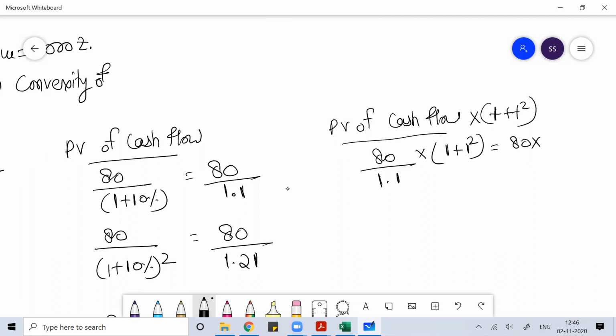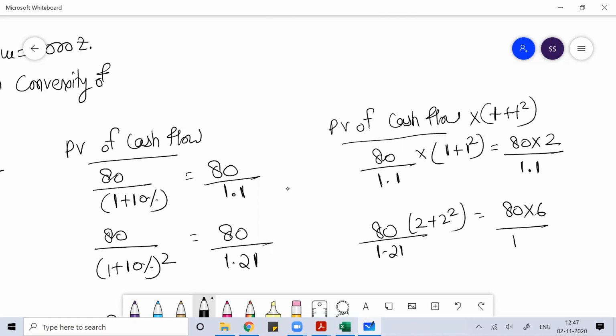This is 80 into 2, since 1 squared is 1 and 1 plus 1 is 2, divided by 1.1. Then 80 divided by 1.21 into 2 plus 2 squared, which is 4 plus 2, 6.